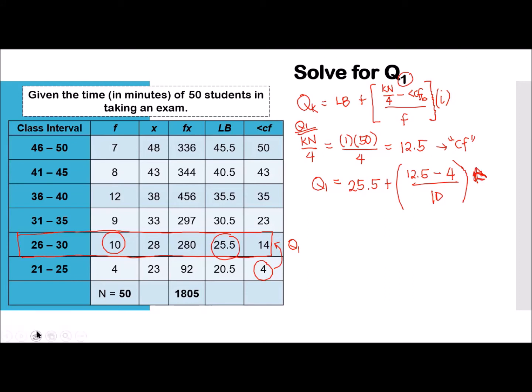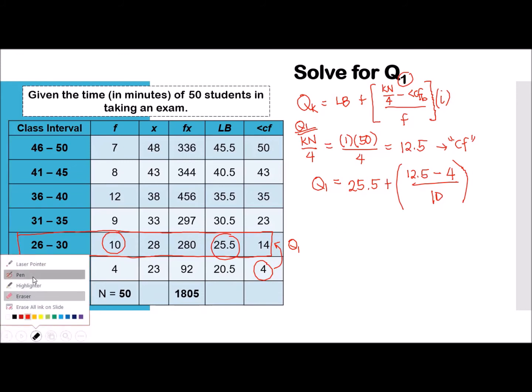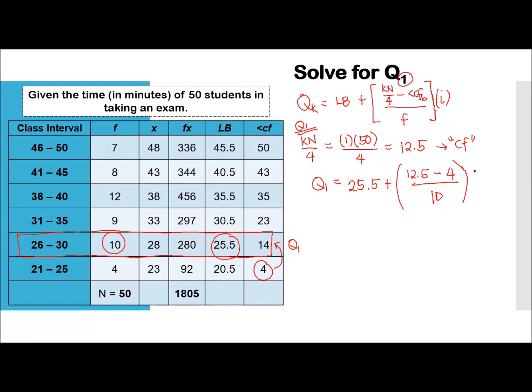Okay? So with that, namamaster na natin paunti-unti kung paano kumuha ng mga needed information. Okay? So, get now your calculators. Encode it. Ulit tayo sa 25.5 plus what is 12.5 minus 4.